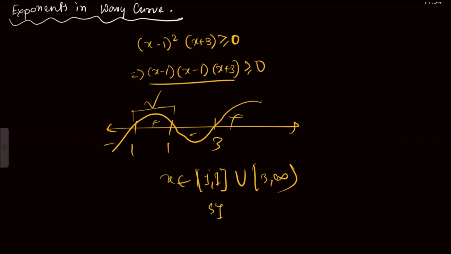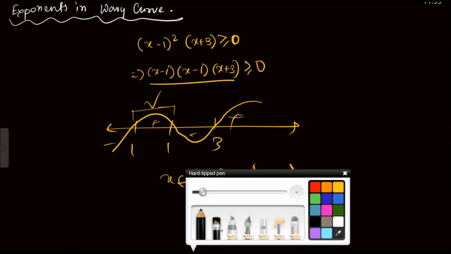Means you might be saying, okay, the set {1} union (3, infinity). What is 2? Does 2 have any problem? If 5 into 1 is greater than 0, no? Therefore, this process is wrong.